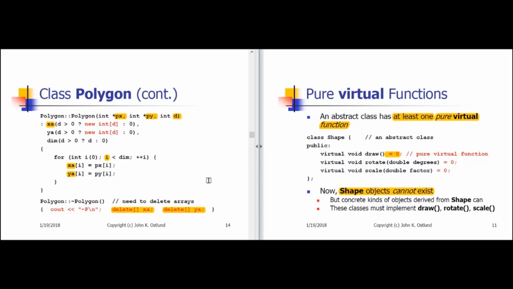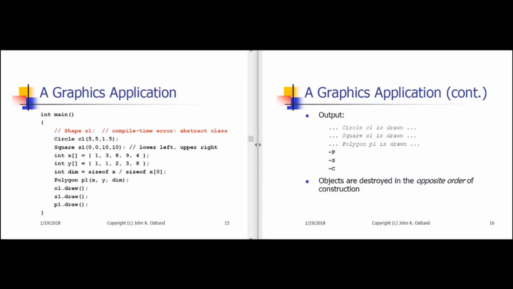But I wanted to remind everyone that you have to undo in the destructor any resources that you allocated in the constructor. In this case, we have to delete these dynamically allocated int arrays. As we did in the circle class, we're also displaying a message here that will appear on the screen each time this polygon destructor is called.